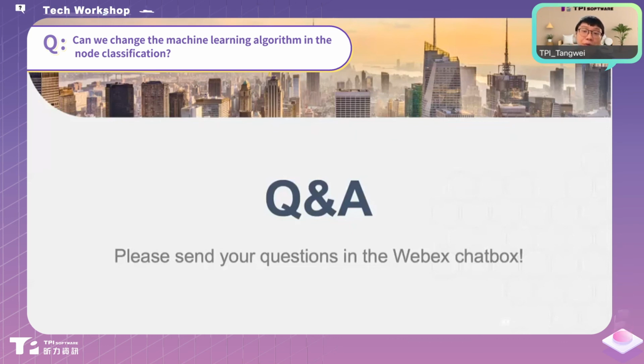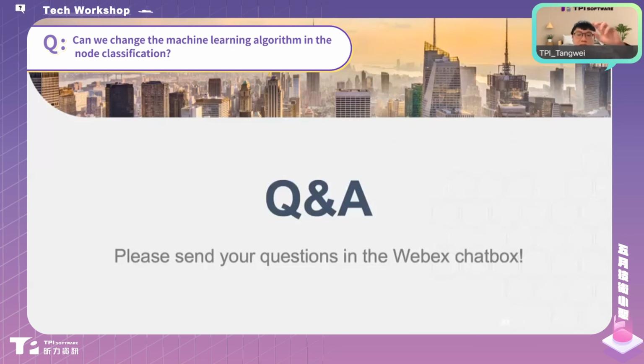If you want to use other machine learning algorithms such as SVM or the deep neural network I mentioned before, you can use the Python API to connect to your Neo4j database and then build the classification model using Python libraries, such as sklearn or PyTorch or Keras. And then when we get the result, we can write it back into our Neo4j database.